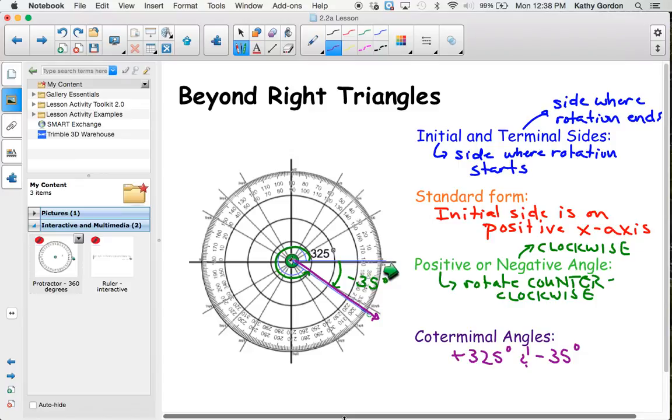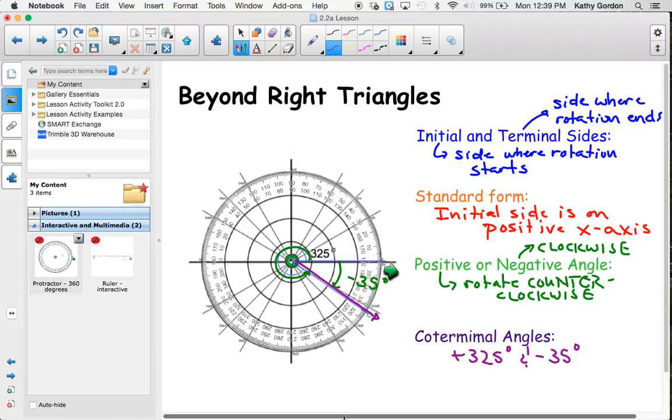So back to my question, are these the only two coterminal angles I could have for that terminal side, or are there others? And if you think there's others, give me an example. So if I say it's a 325-degree angle, does that indicate that I went around several times?